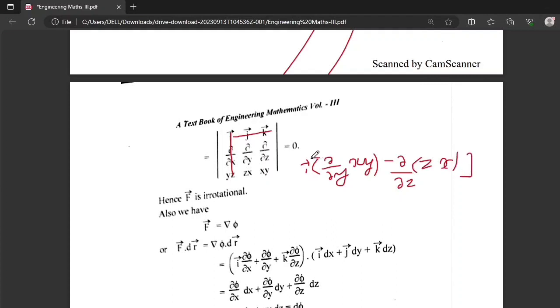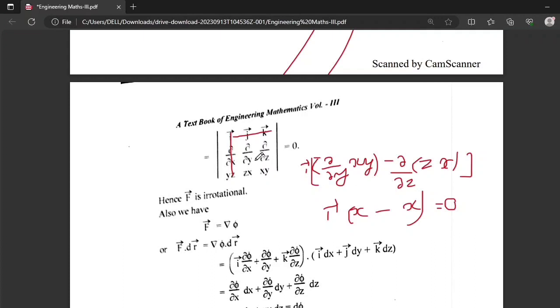So it is i vector times: xy with respect to y, x is constant, so positive x, since the derivative of y with respect to y is 1, minus, with respect to z, x is constant, so x. So it is x minus x, which is 0.